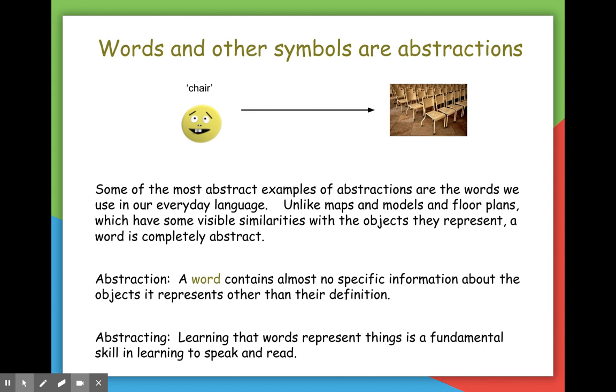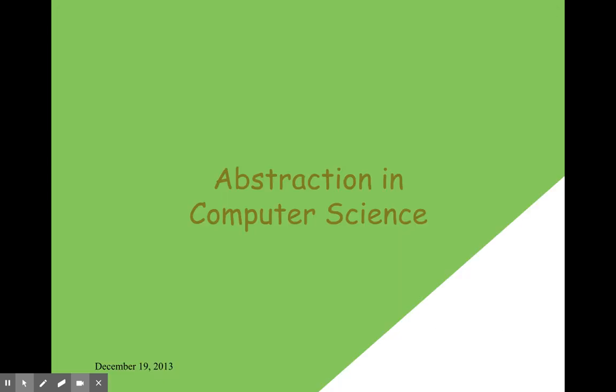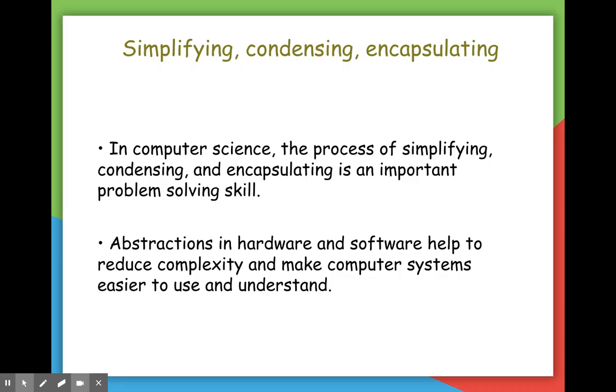So while you're playing your video game, your game console is processing millions and millions of lines of zeros and ones, but you're just seeing stuff jump around the screen. You're seeing the abstraction. Now, in computer science, here's how it works. It's the process of simplifying, condensing, and encapsulating, and it's an important problem-solving skill. Abstractions in hardware and software help us reduce complexity. They make things easier to understand in computer systems.